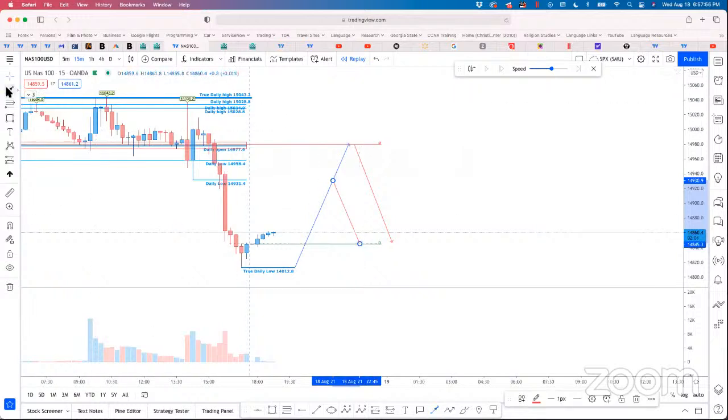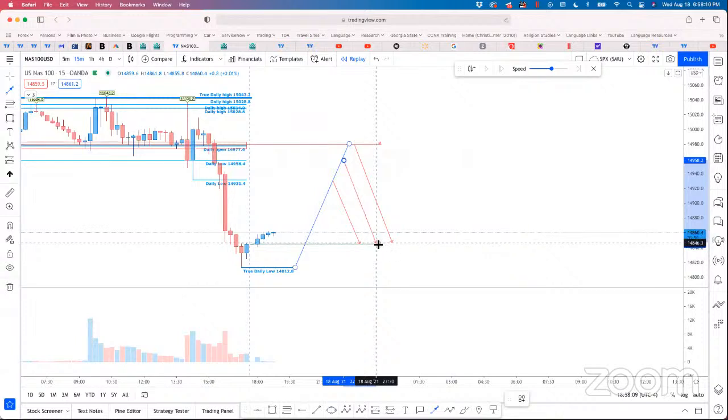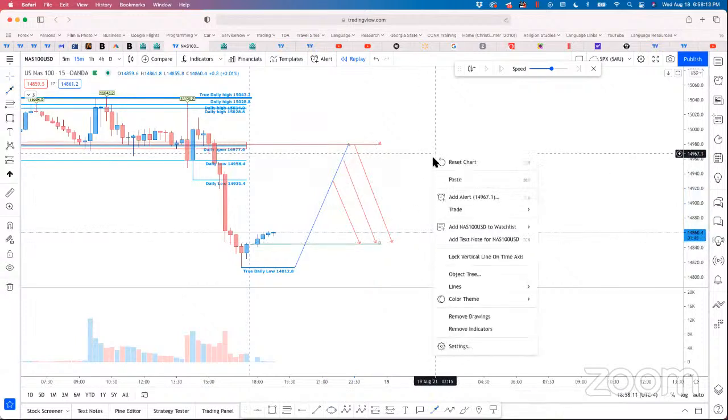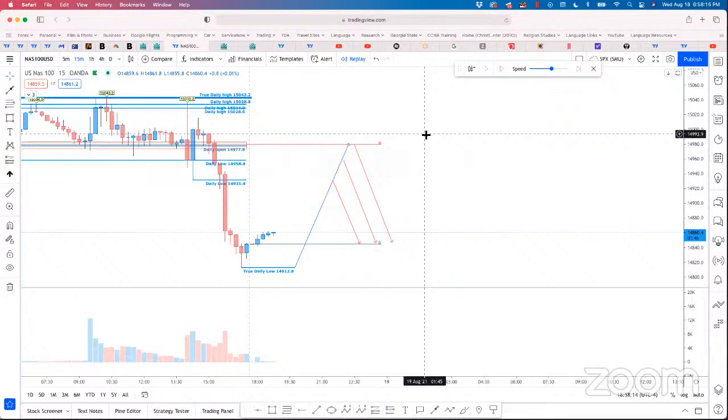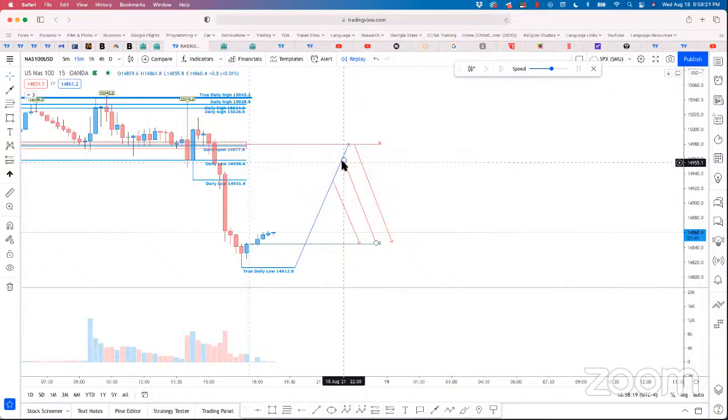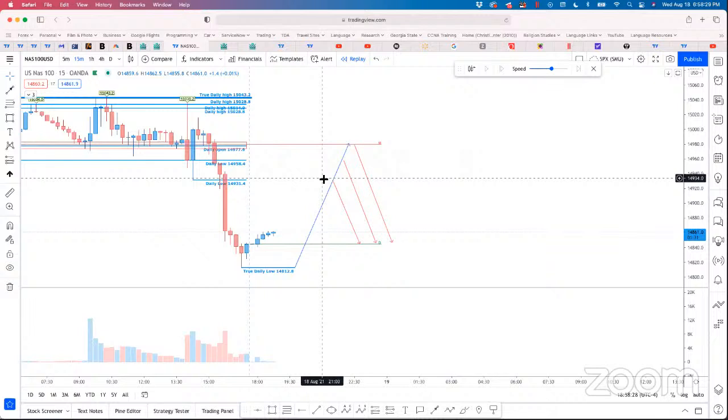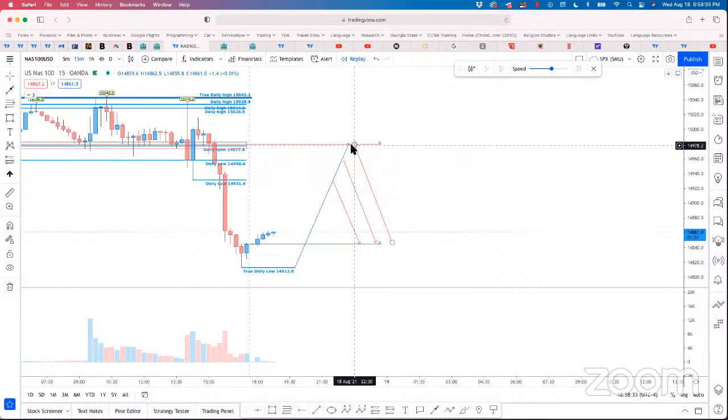Cory asks, how do you split your lot size? Oh, that's a good one, thank you. Depending on what I'm gonna use, I'm gonna split it into 3 or 4. Say I'm gonna use 0.5. This order might be a 0.1, this one might be a 0.1, and then this one might be a 0.3. Or maybe I want to be bold and just drop the whole 0.5 in right here or up here.